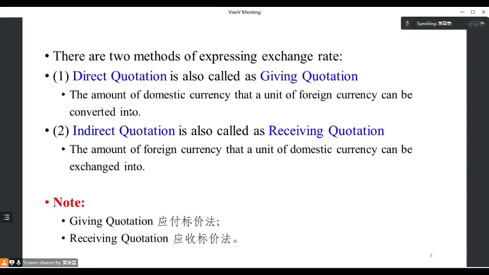So we should understand direct quotation means one unit of foreign currency can be converted into how many units of domestic currency.